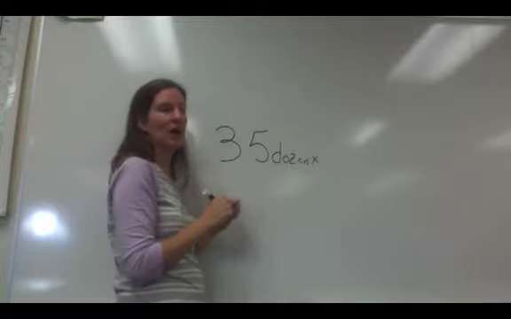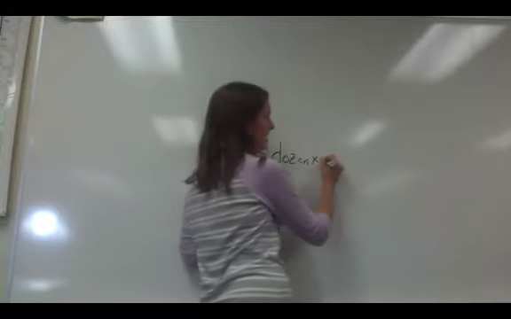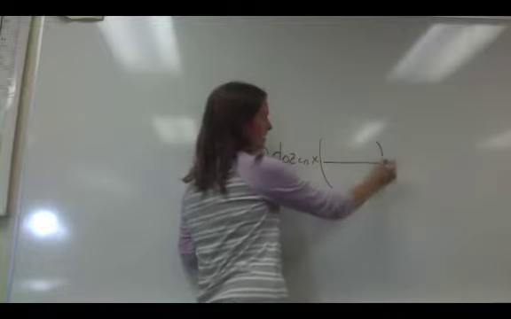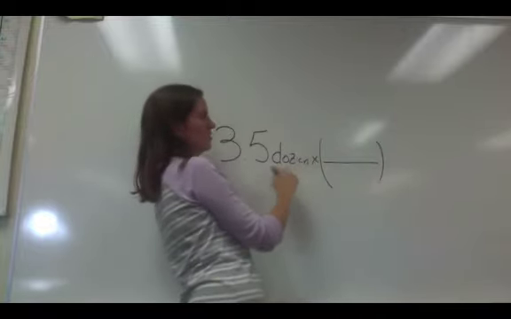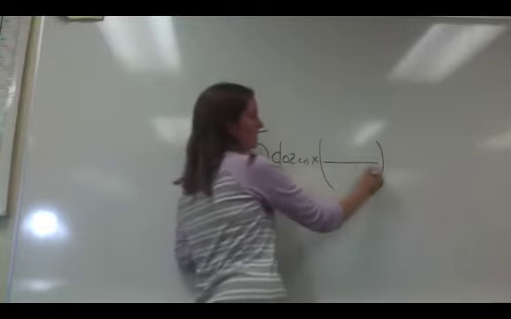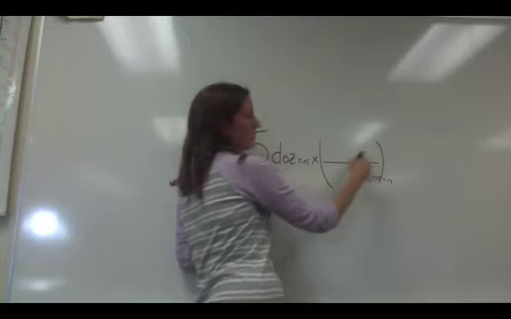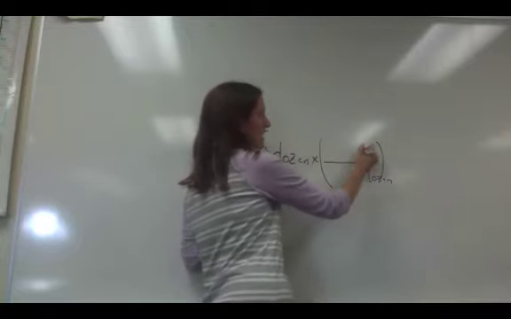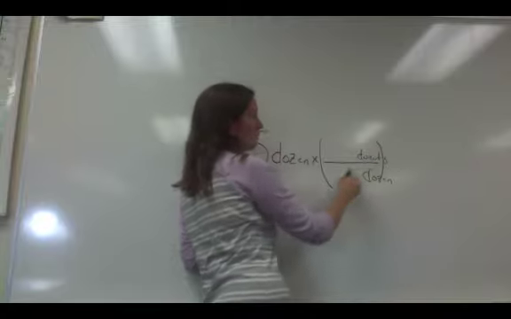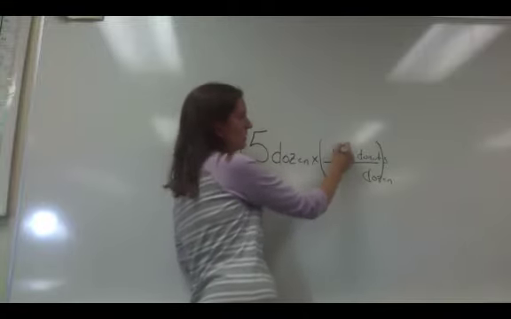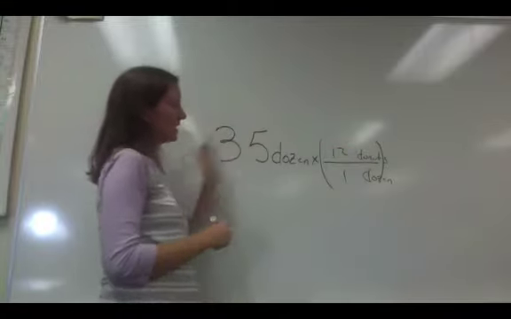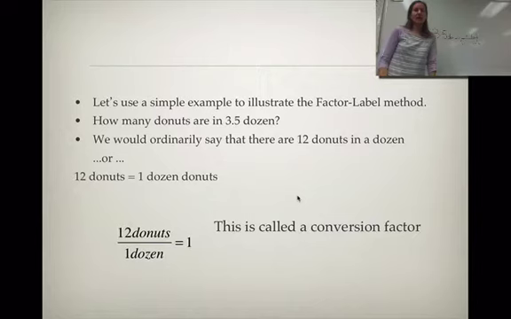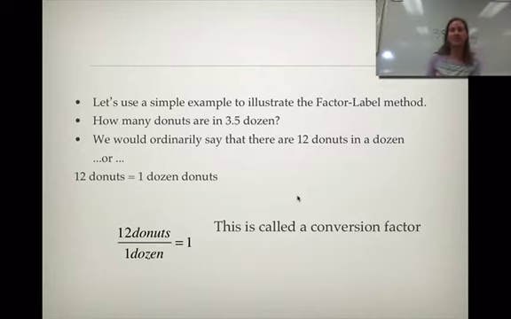Okay, and I'm going to show you how this is done, but I'll just say it. You multiply by your conversion factor, put the unit that you begin with as the unit for the bottom, put the unit you're changing into on top, put the numbers of the relationship in their respective places, and multiply. So the answer is 3.5 times 12, but you used a conversion factor to get there.